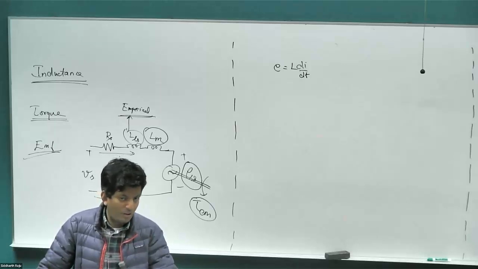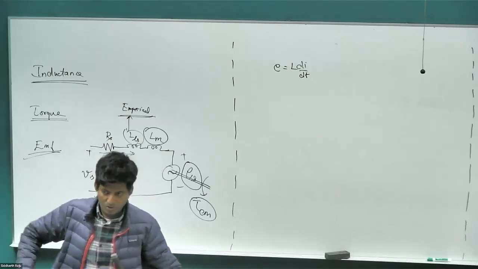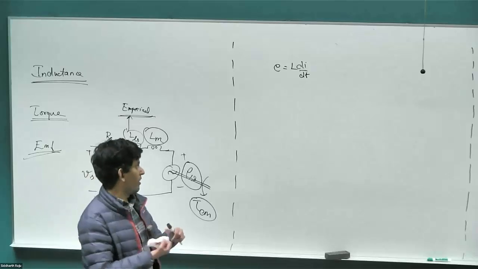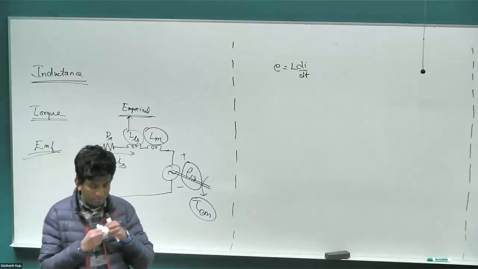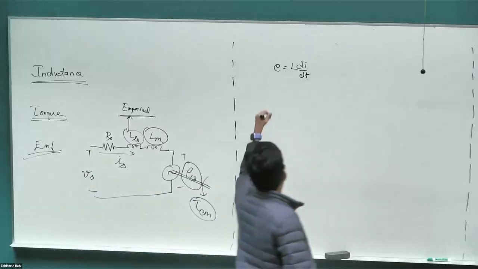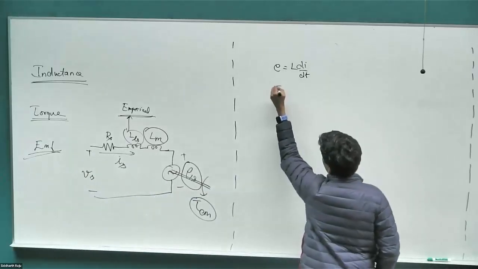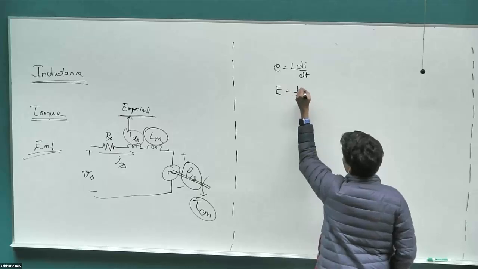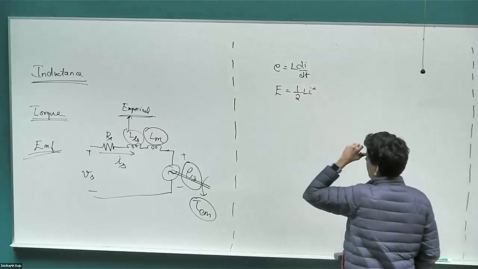So in the past, when you derived the inductance for a coil on an iron core, we did use the L di/dt method and we used another method as well. The energy density method, right? The energy in an inductor coil is half L i squared.